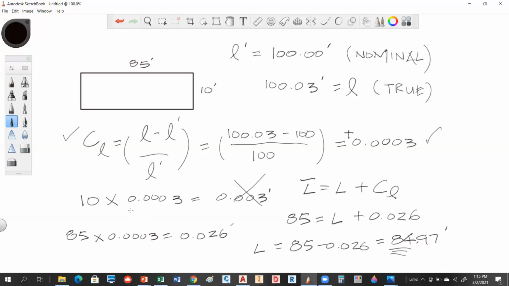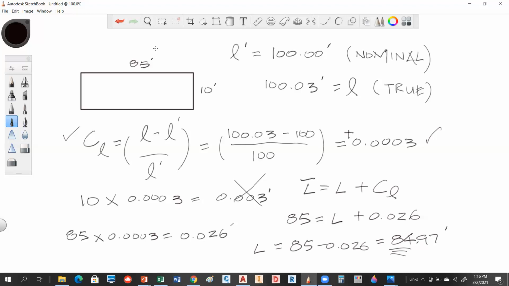So if you would have added this number to 85, this distance would have actually been what? 85.03. No, it would have been 85.06 because you're already 3/100ths long and you're actually compounding the error double, right? Correct. Yeah, so you got to be really careful with that. Okay, does that make sense?